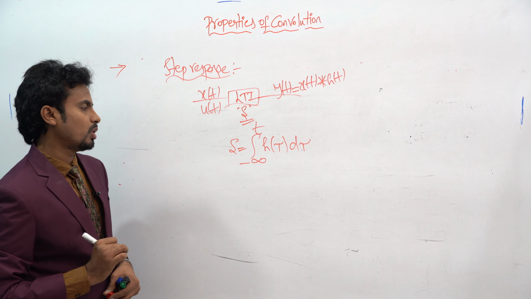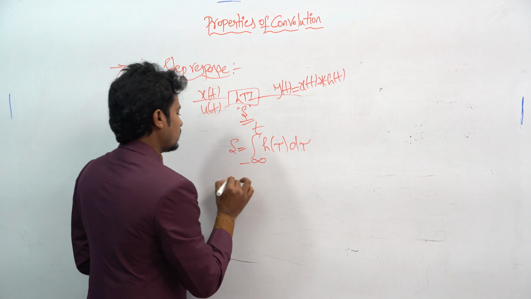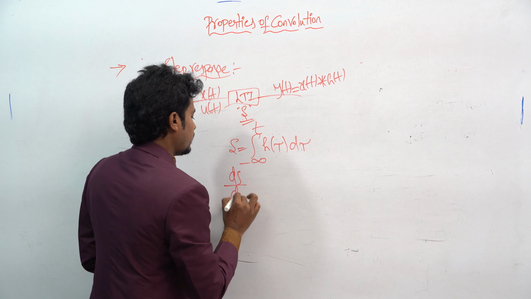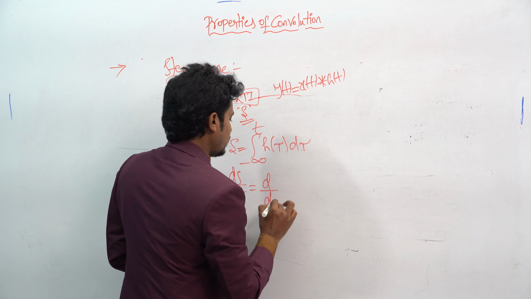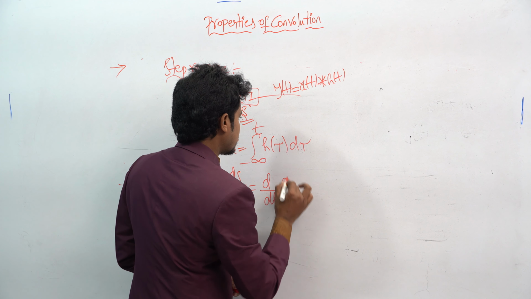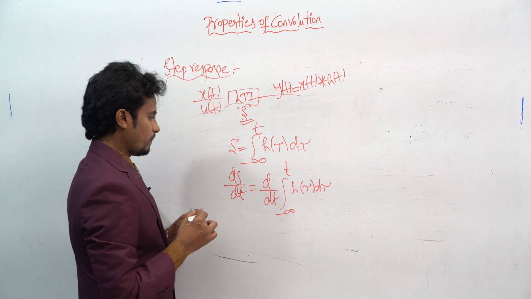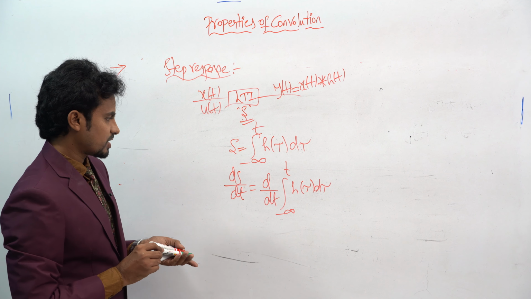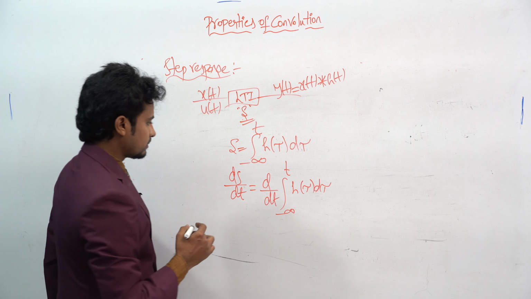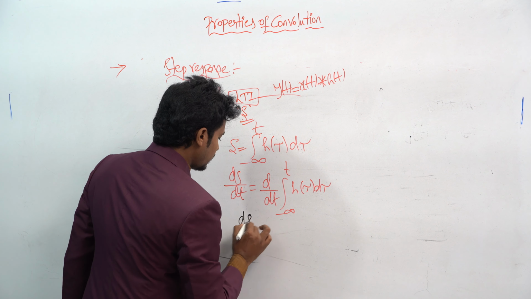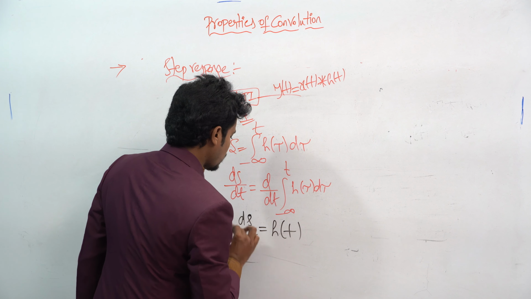Okay, if you differentiate this, what do you get? ds divided by dt is equal to d by dt of the integral from minus infinity to t of h of tau d tau. Here differentiation and integration cancel each other. So ds divided by dt will be equal to h of t.